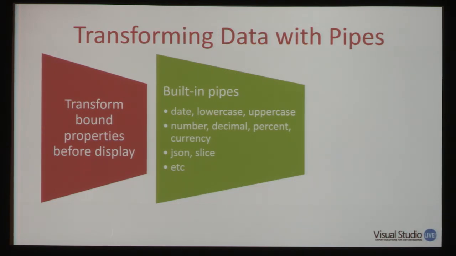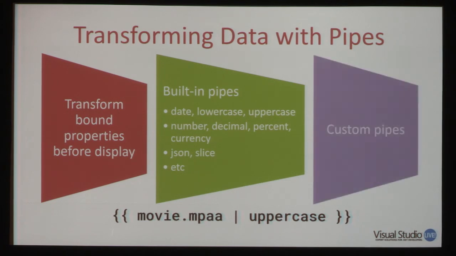So there's a lot of different built-in pipes, and what they look like is actually the pipe character, hence the name. So I'm here using interpolation binding. I'm binding to the MPAA rating, the Motion Picture Association of America, or whatever that stands for. And I'm ensuring it's uppercase, because when you're used to seeing PG-13, you're used to seeing it with a capital P and a capital G. So that is the pipe. You can also write your own custom pipes, and I have an example of one we'll see in the last demo of this session.